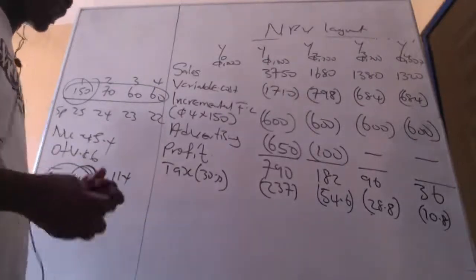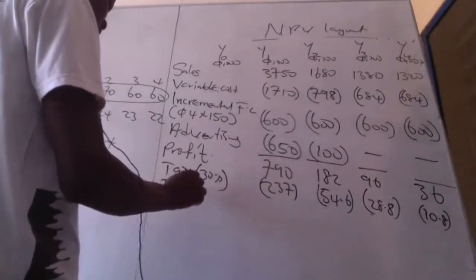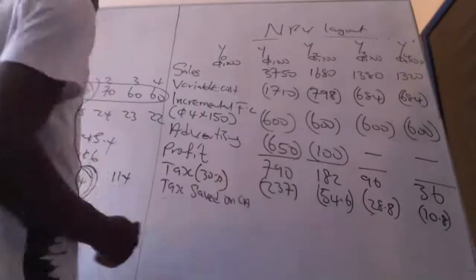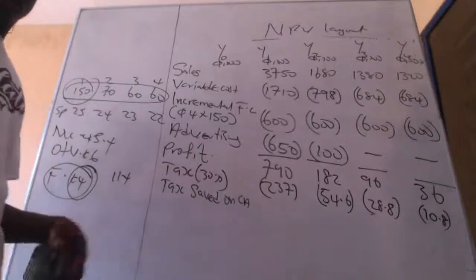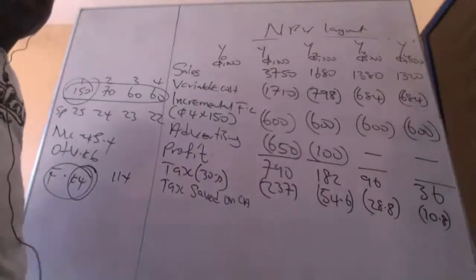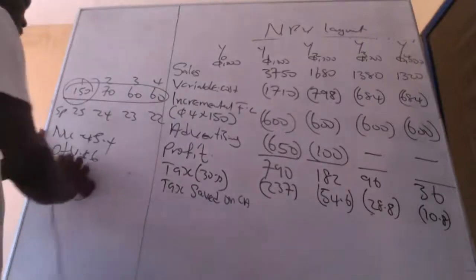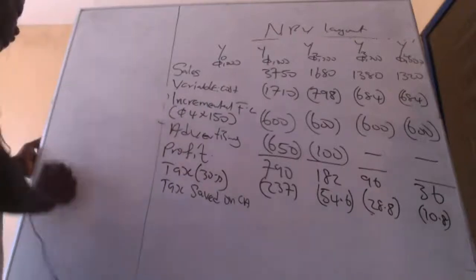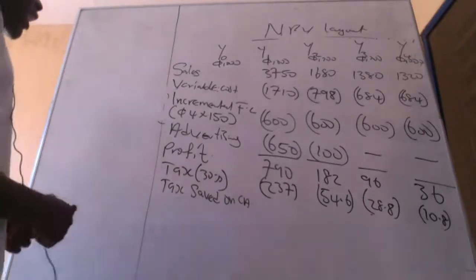Right from the income tax expense, you go to your tax saved on capital allowance. Now, let me take the time and explain it in detail a bit. When you talk about tax saved on capital allowance, it's equal to the tax rate multiplied by the capital allowance.